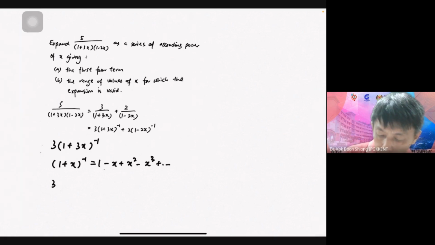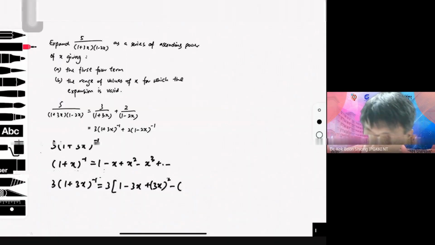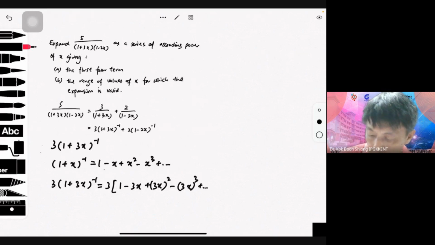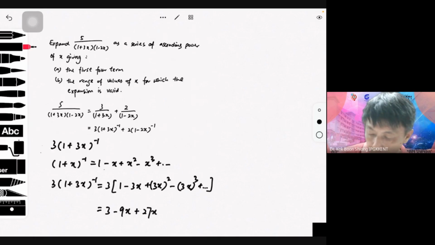So 3 times 1 plus 3x to the negative 1 is equal to 3 times 1 minus 3x plus 3x squared minus 3x cubed, so we will have 3 minus 9x plus 27x squared minus 81x cubed. So this is the first part.